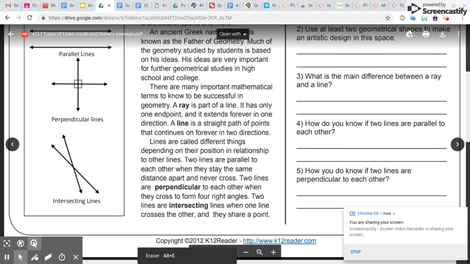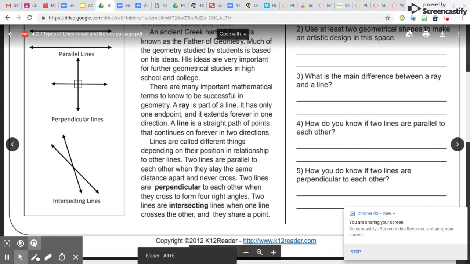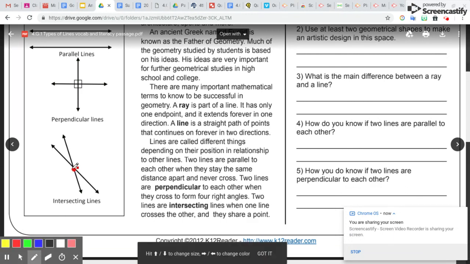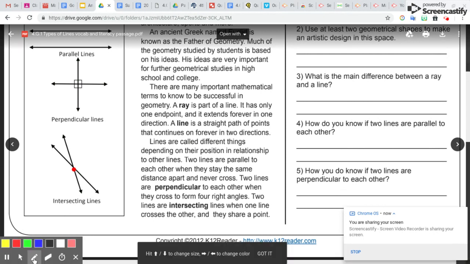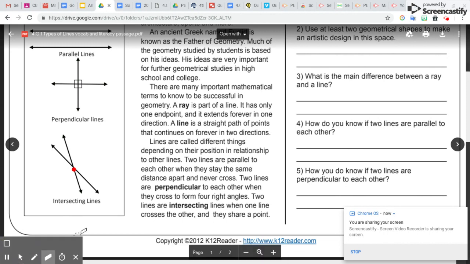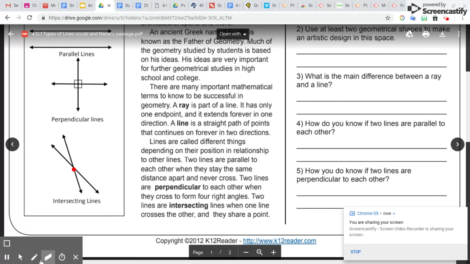I'm going to highlight it for you. There's the point right there. They crossed and there's a point, and we already know what a point is. When intersecting lines cross like that, they share a point. That is very, very important for you to remember.